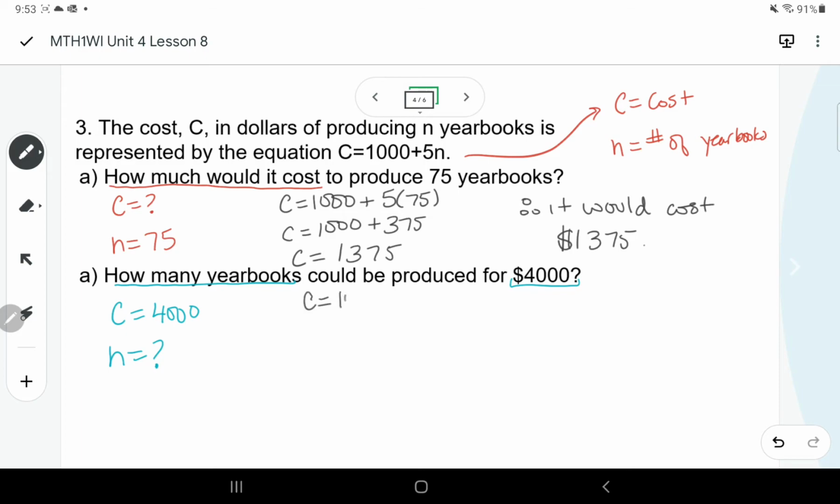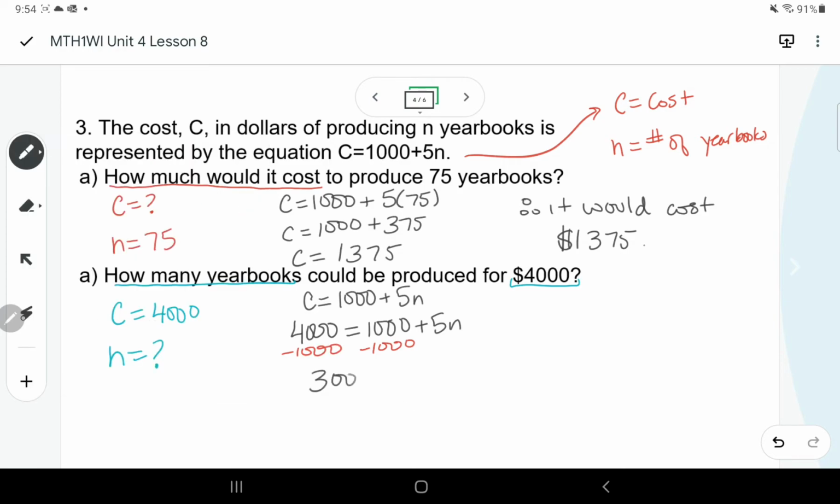So C equals 1,000 plus 5N. So here I have 4,000 equals 1,000 plus 5N. Now I have to rearrange. I'm going to do opposite operations to solve for N. So I'm going to subtract 1,000 from each side.